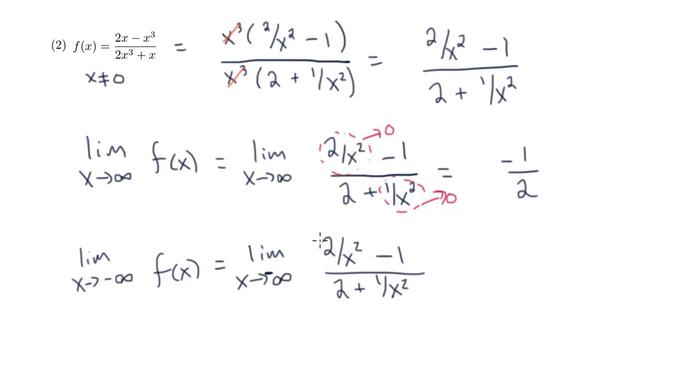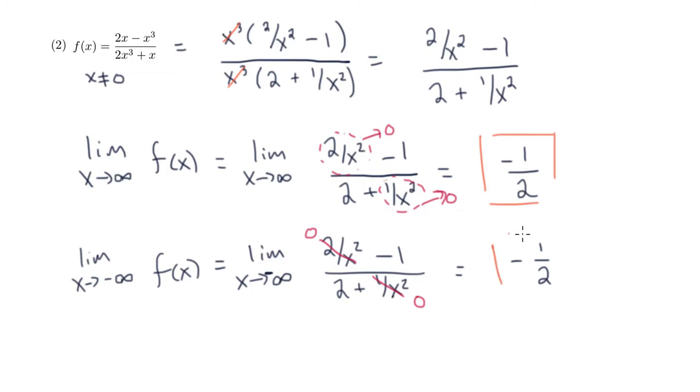But these reciprocal powers of x are still going to 0 by just applying the limit laws. It doesn't matter whether I'm dividing by a large positive number or a large negative number. A fixed number over a big number goes to 0. So this again is just equal to negative 1/2.